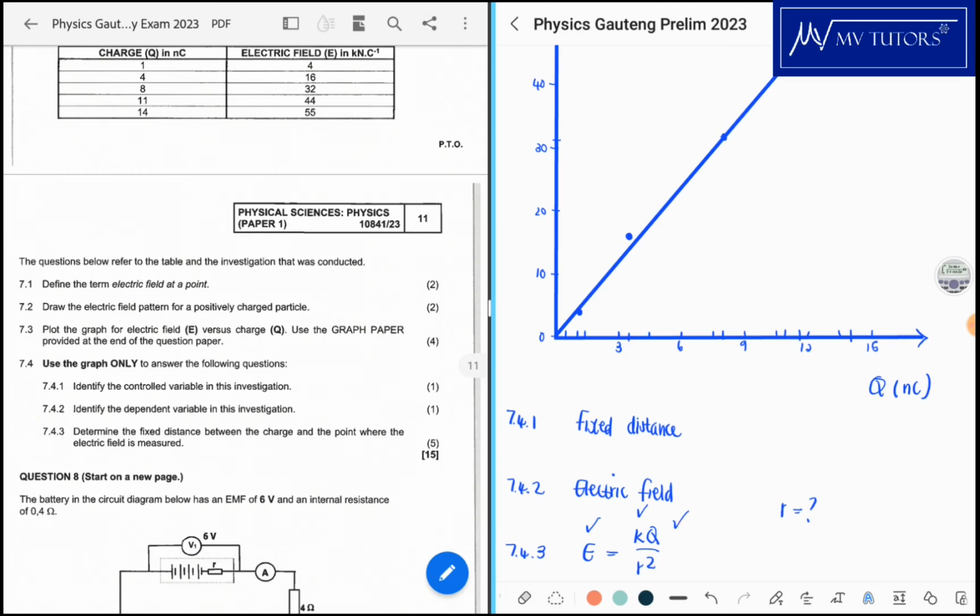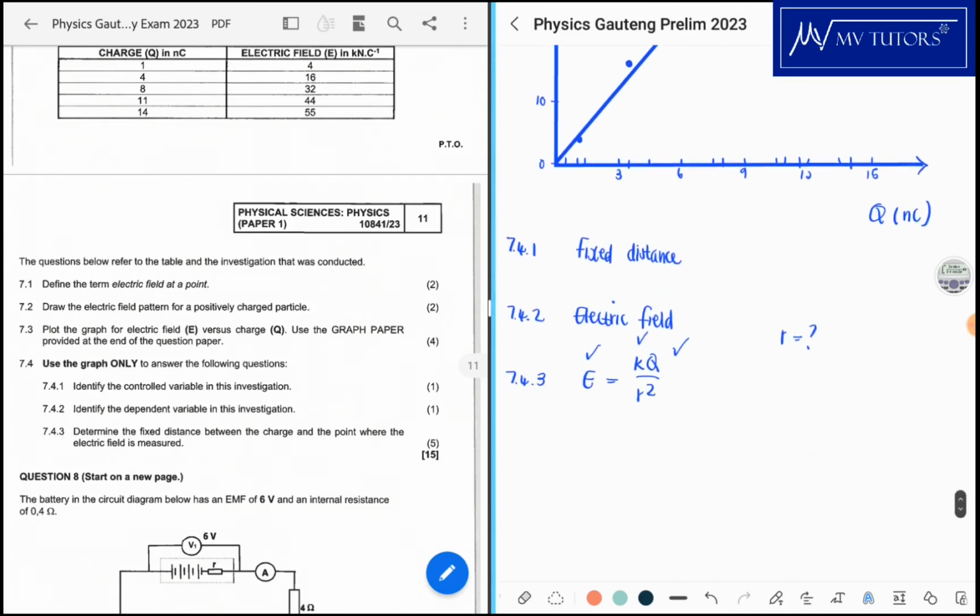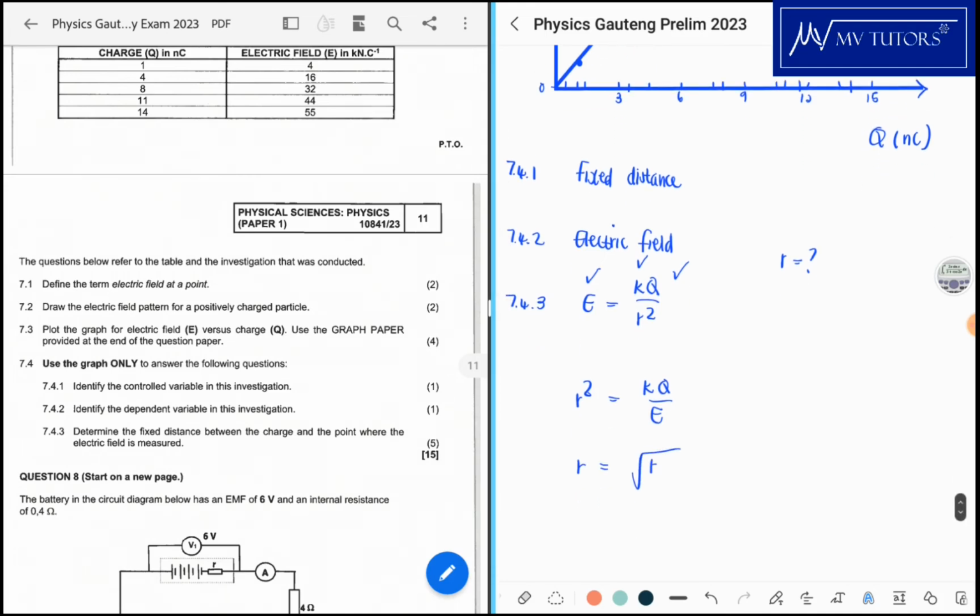We have Q, so we can solve for r. So if we write everything in terms of r, we can say r squared is equal to kQ over E. Okay, and r will be the square root of kQ over E.